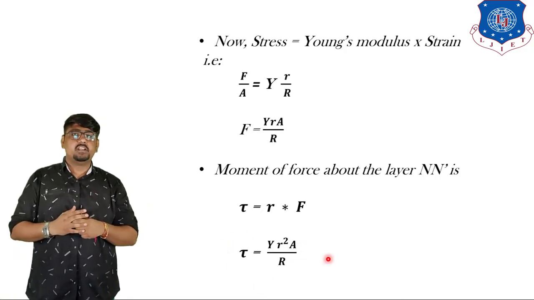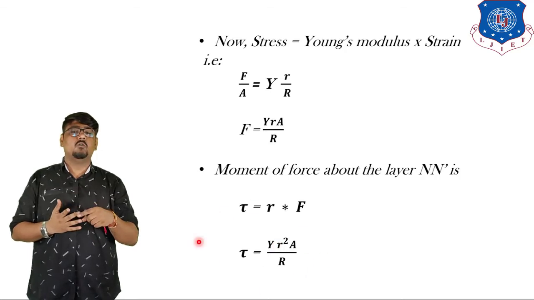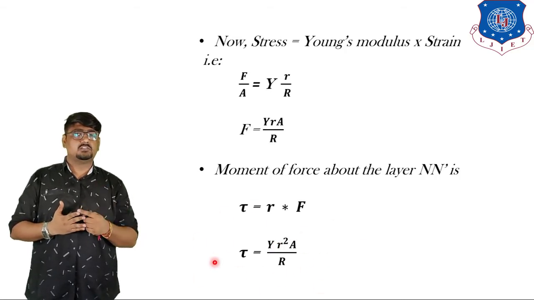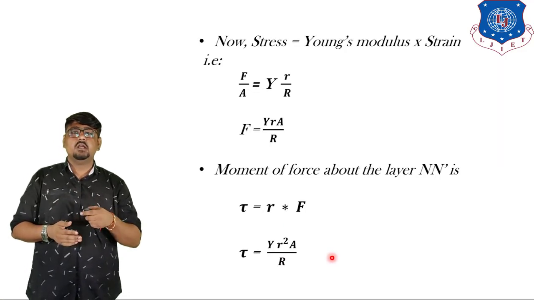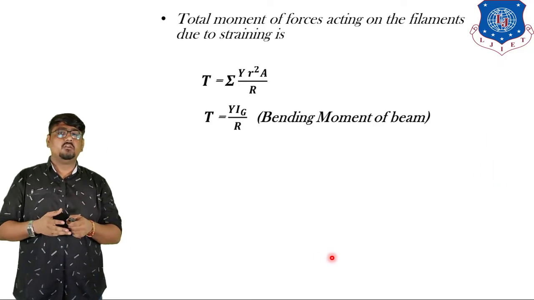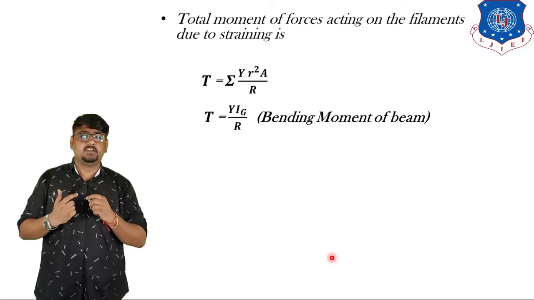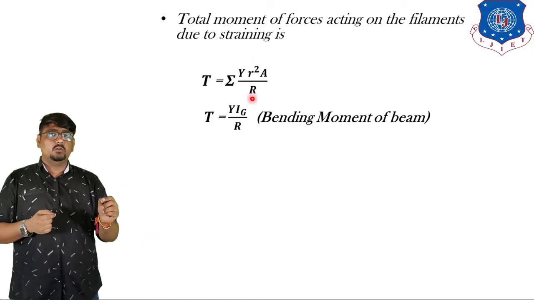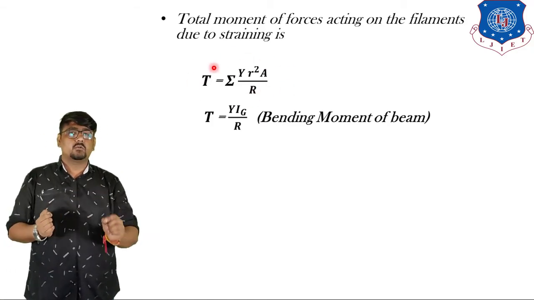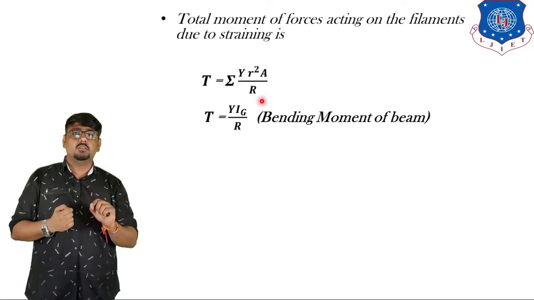So ultimately we get the equation of moment of force tau is equal to Y A small r square divided by capital R. Now the total moment of force acting on the filament due to straining can be given by capital T. Right, now what we have calculated was only for one layer of the beam.